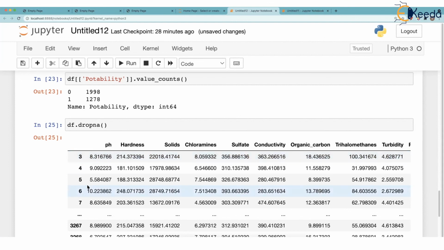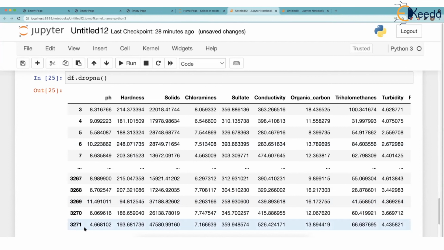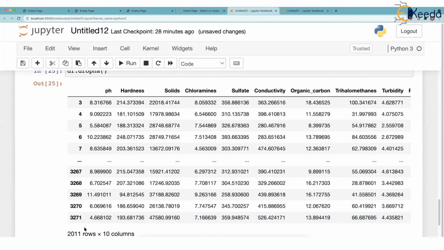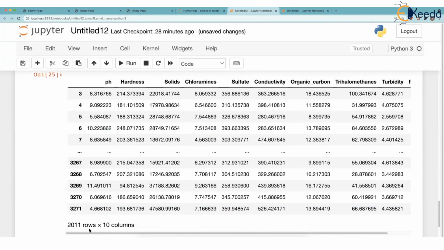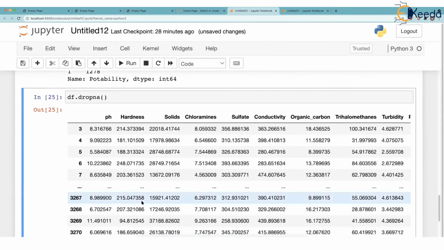Although all the rows are not shown, if you remember, we had 3270 rows, if I'm not wrong, but now only 2011 rows are left. So many rows were deleted. Wherever null values were present, those rows were simply dropped. In short, we have removed all the rows which had null values anywhere.